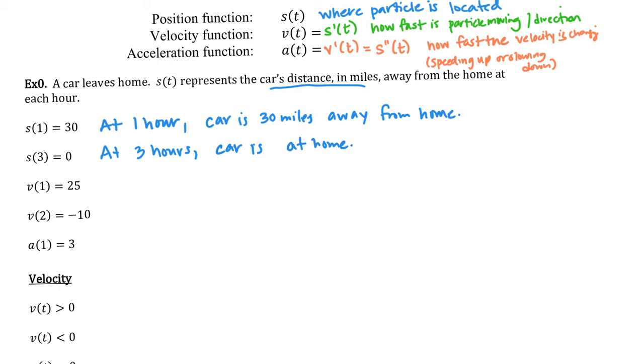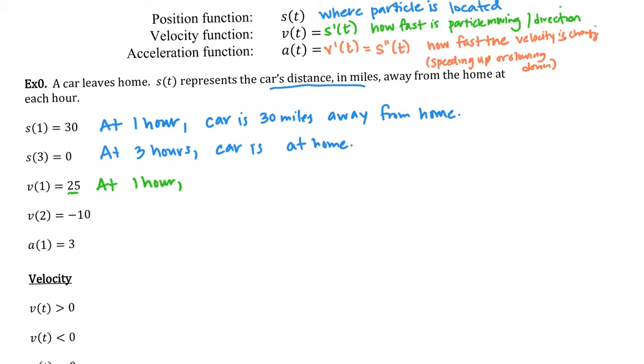Okay, now let's look at v of 1. Remember, v is the velocity. Okay, so at 1 hour, the velocity is 25, and velocity is the derivative of the distance, so it's the rate of change.